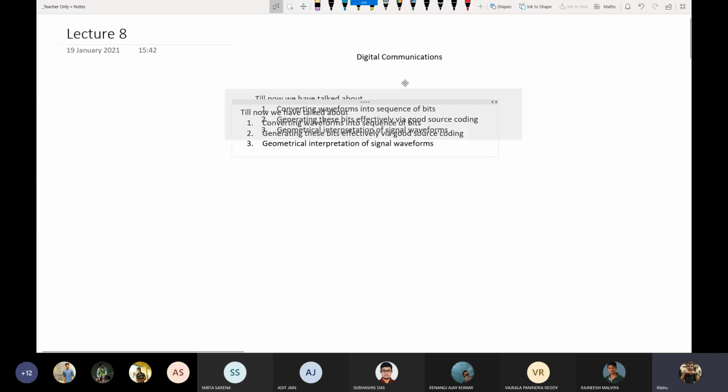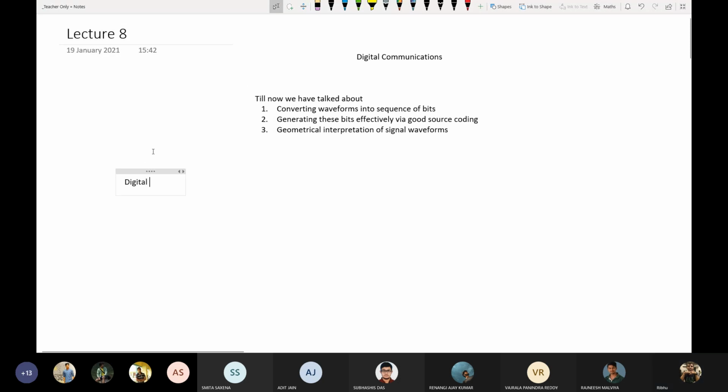Now, let's start to make sense of these. So digital bits, or zeros and ones, are abstract ideas and cannot be transmitted over a channel.